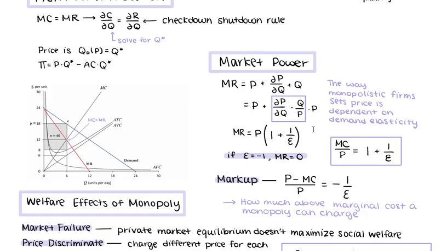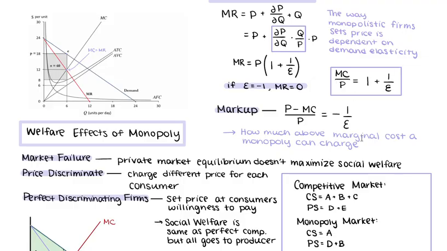So if we move P over to the left side of the formula, the marginal cost over P equals 1 plus the inverse elasticity, and we get that the price minus marginal cost, divided by the price, equals the negative inverse elasticity.